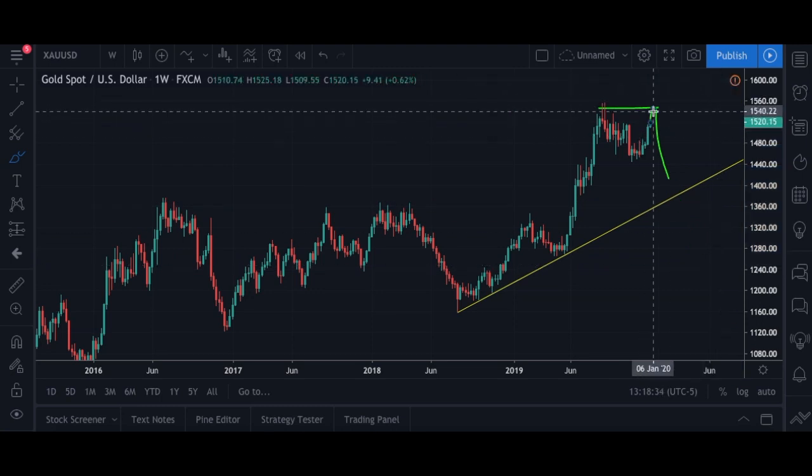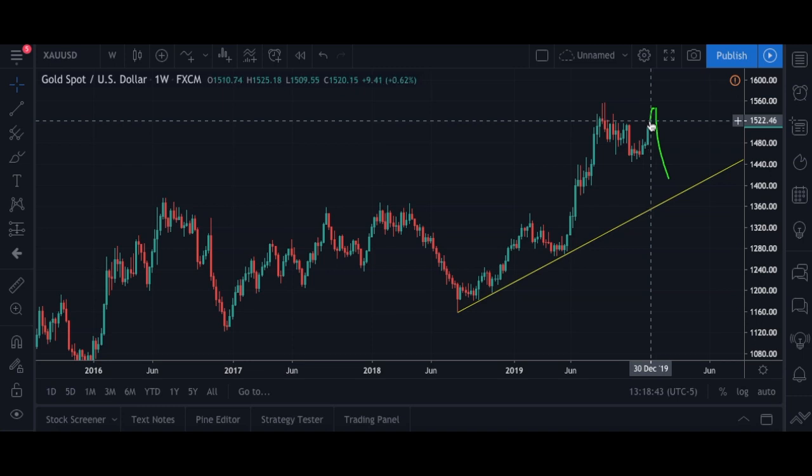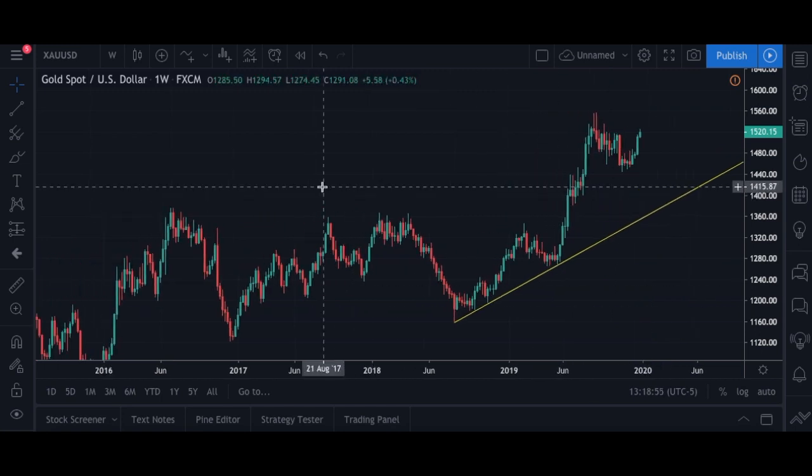That's a bad feeling to have, assuming that the trend is going to continue to be your friend, but then it's actually ending and changing direction into a different trend. So it's very important to be able to identify when a trend is finishing.